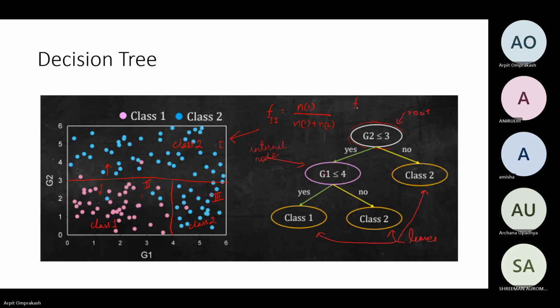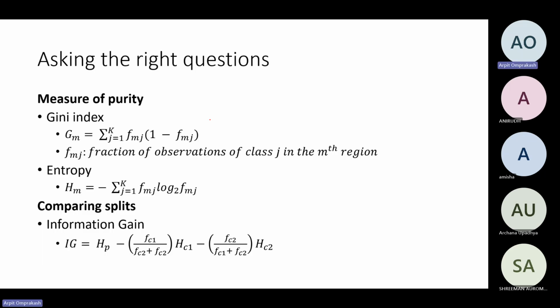Similarly, f for class 2 will be equal to the number of observations of class 2 divided by the total number of observations. And then we are multiplying f_mj with 1 minus f_mj and summing it across all the classes.